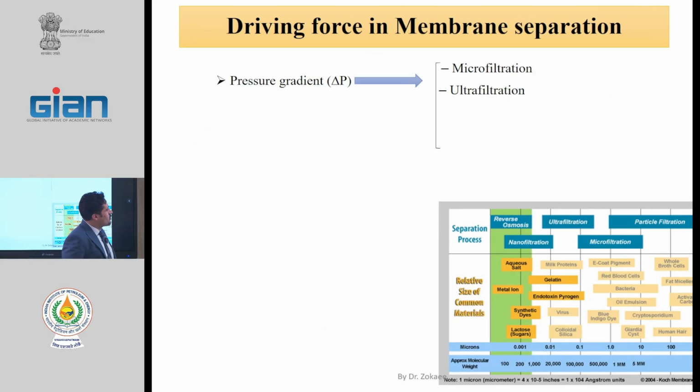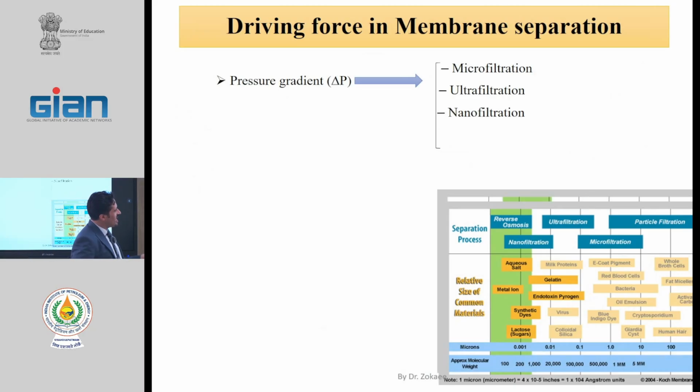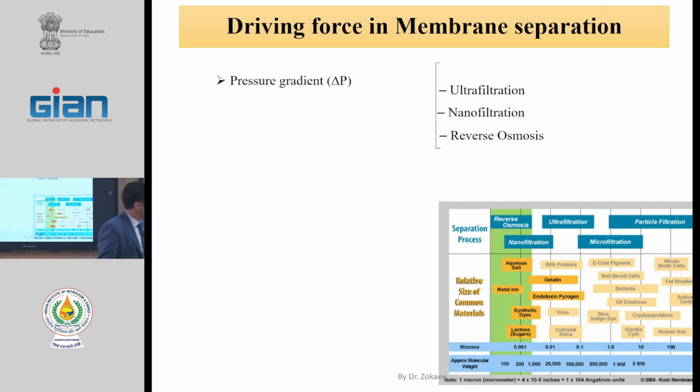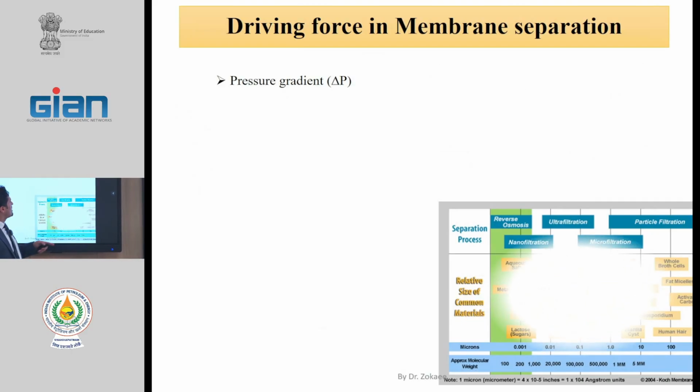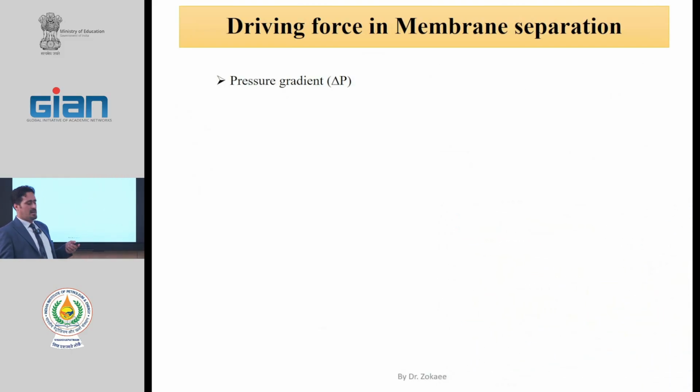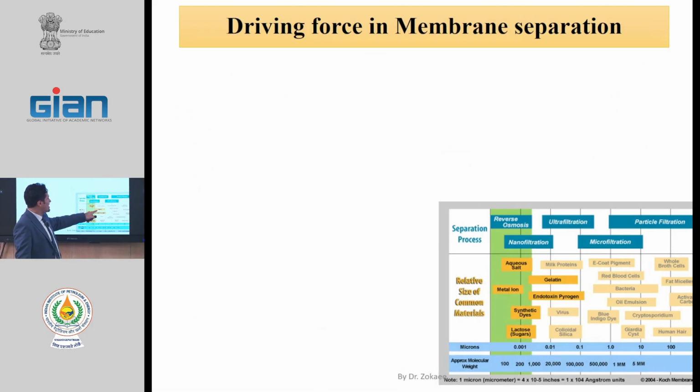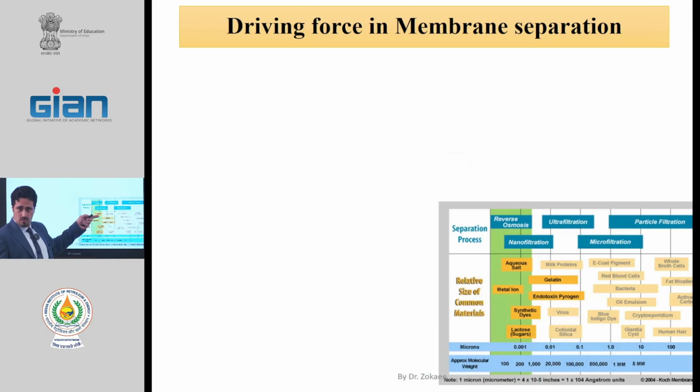In microfiltration, we can separate big particles, bacteria, and red blood cells. In UF we can separate viruses, gelatin, and generally macromolecules.